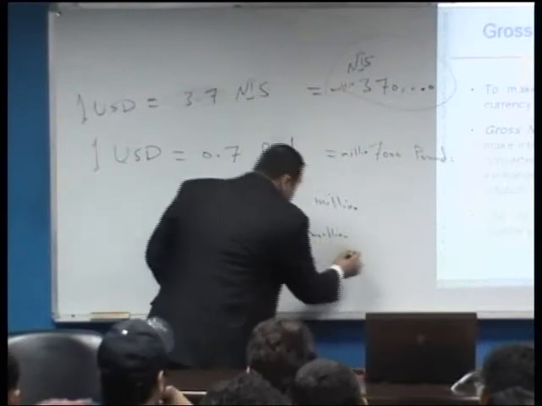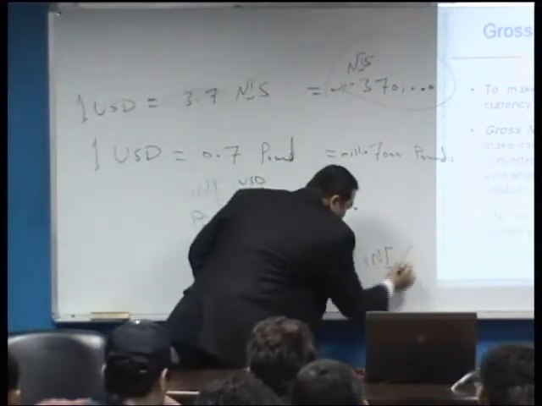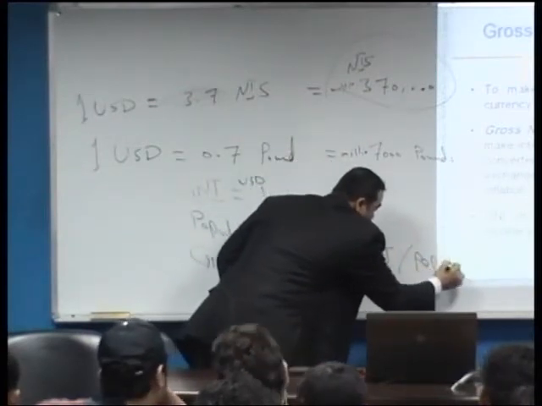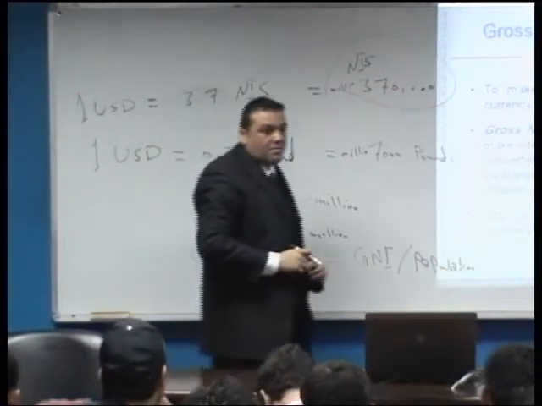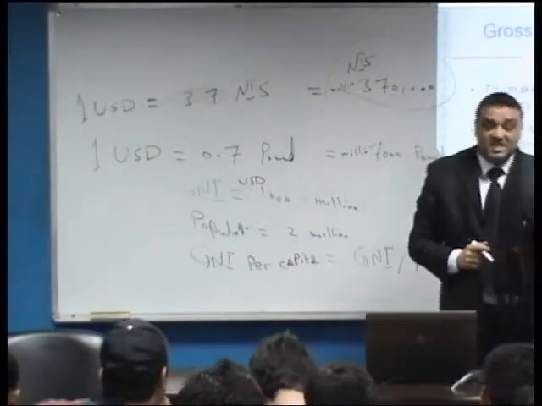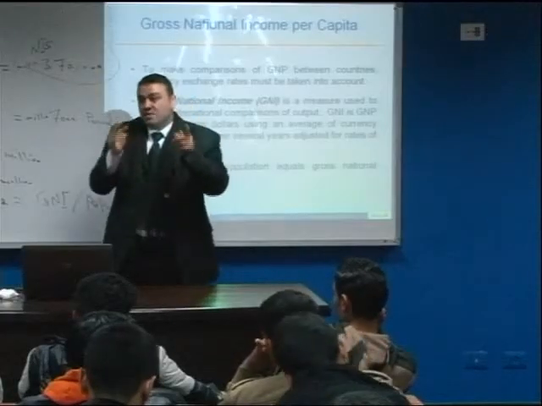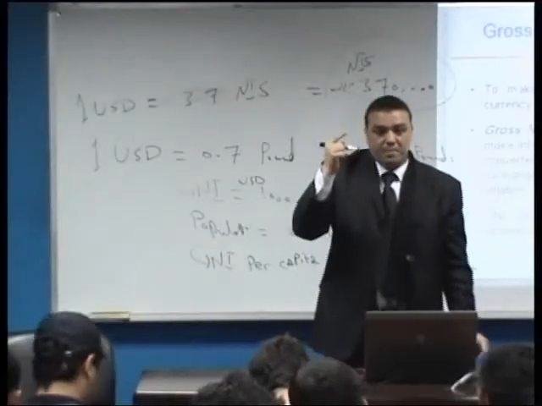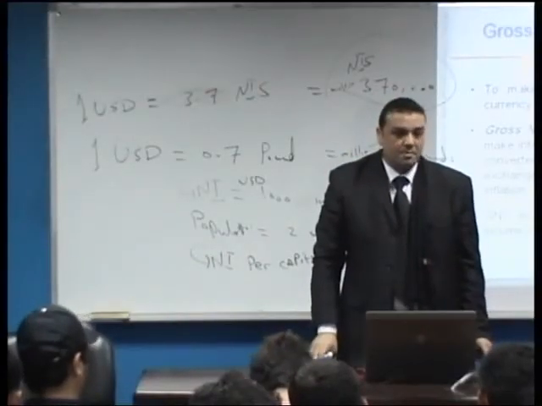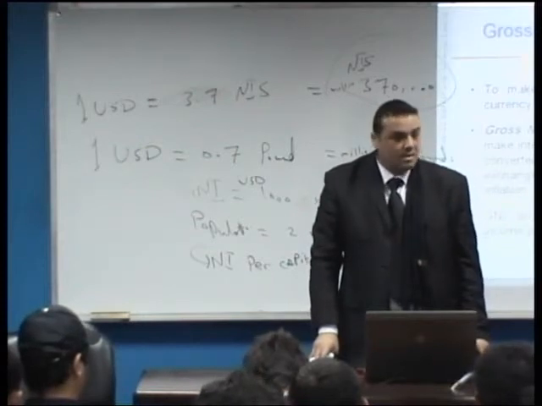GNI over the population: 1,000 over 2, $500 per capita. This is the per capita income for each person in the economy, right?